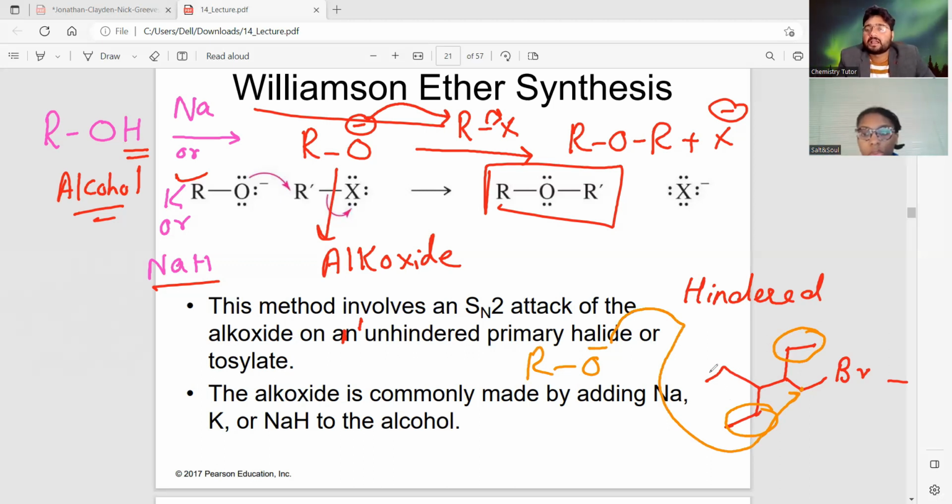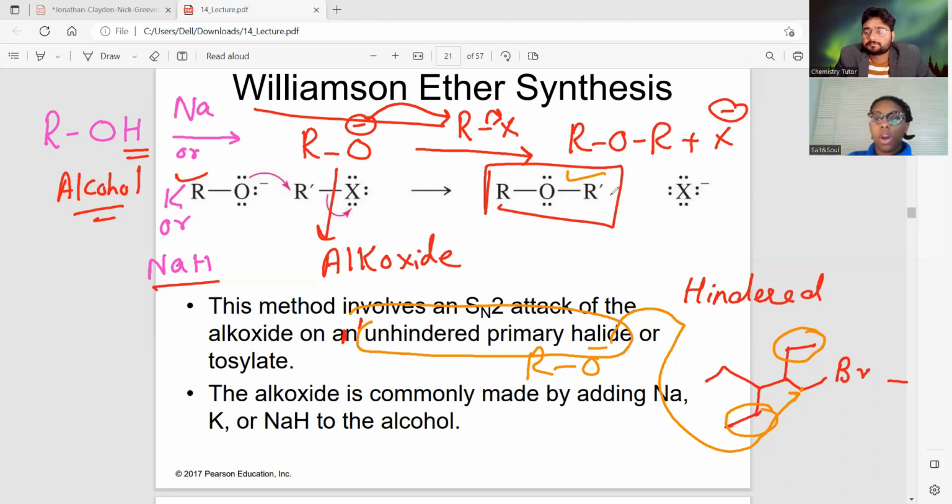So for the alkyl halide, you can use primary and secondary, but you have to use unhindered primary alkyl halide. If you are using hindered alkyl halide, then this reaction will not take place. You will not get ether. Instead of ether, you will get alkene. Elimination will take place instead of substitution.